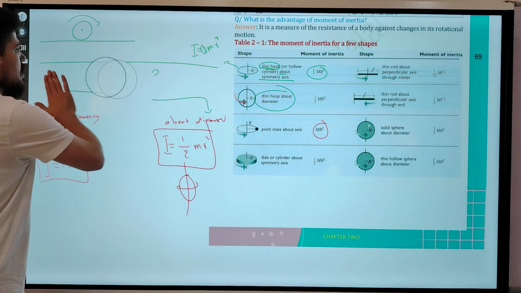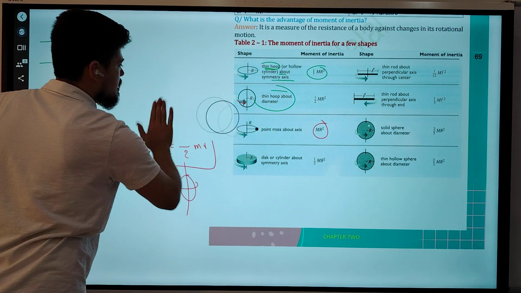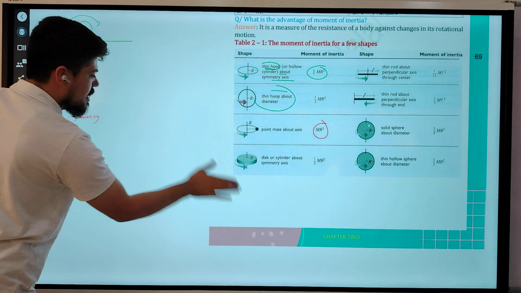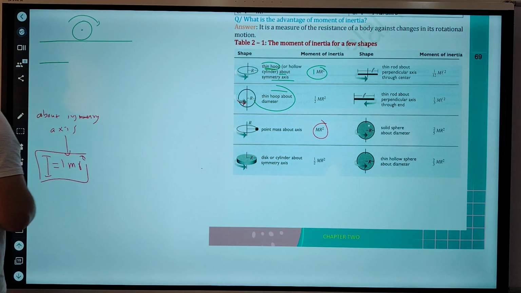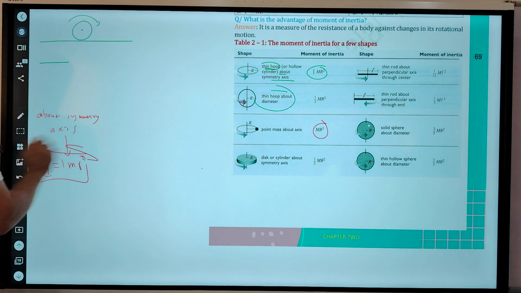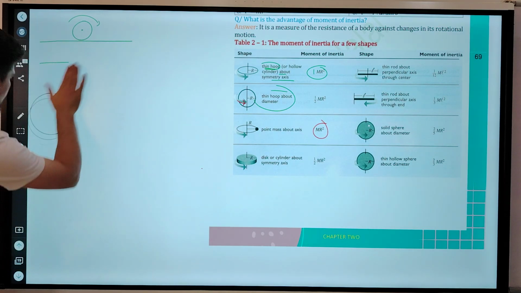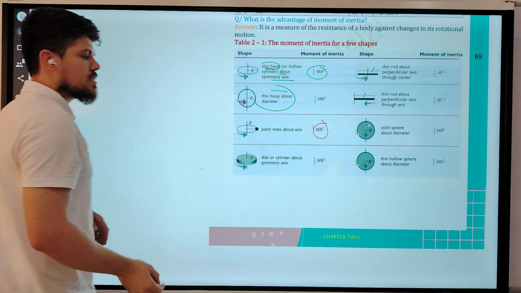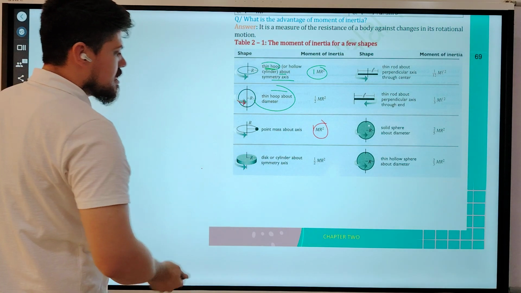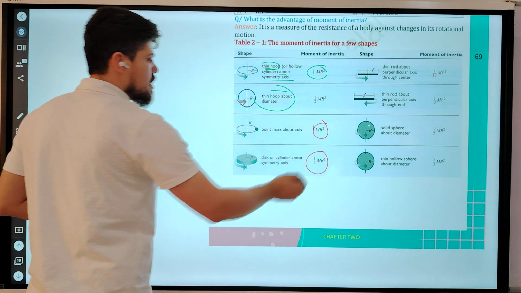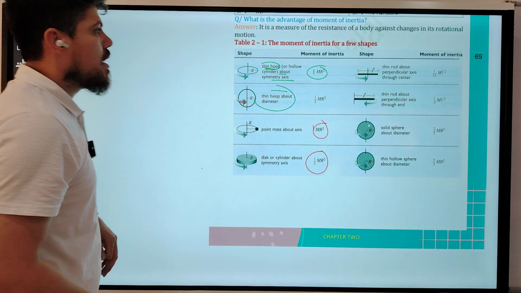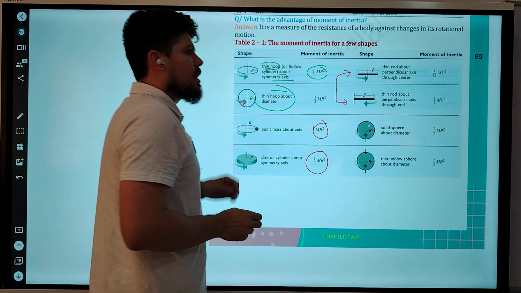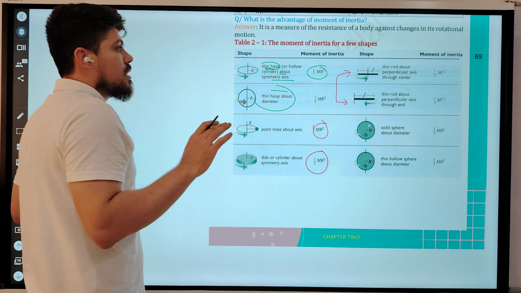So the moment of inertia of a point mass, such as a ball, when it is fixed at the end of the string and it's being swung in a circular path, in that case, its moment of inertia is equal to what? 1 mr squared. Disc or solid cylinder about symmetry axis, its moment of inertia is 1/2 mr squared. Okay, so these two shapes are very important. Be careful and pay attention, please.